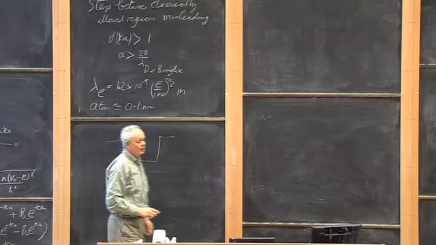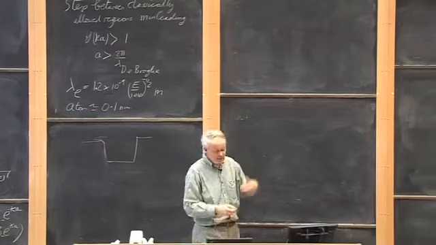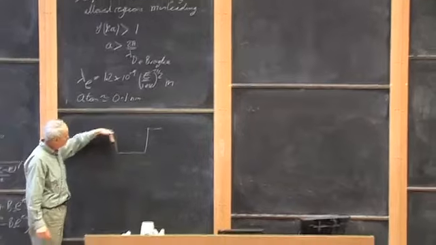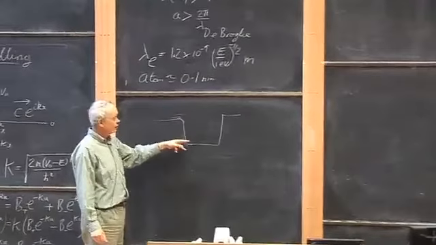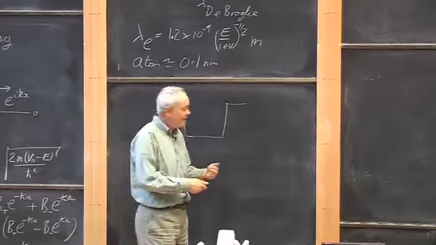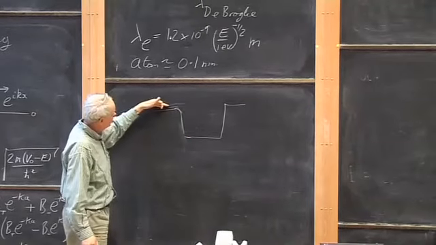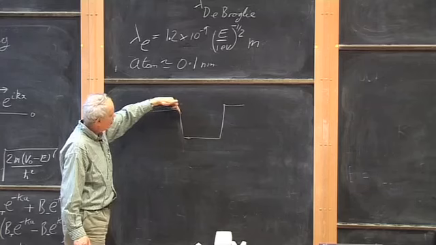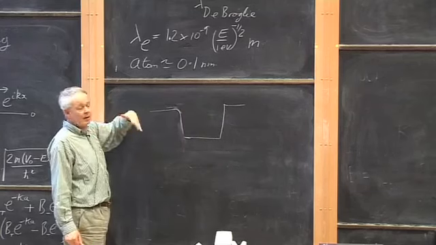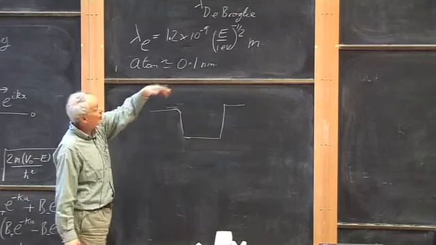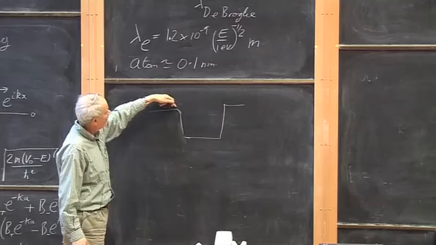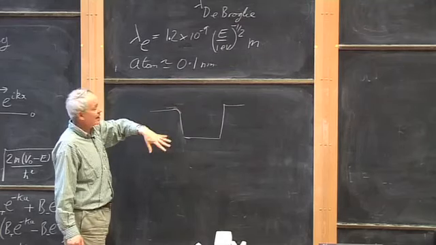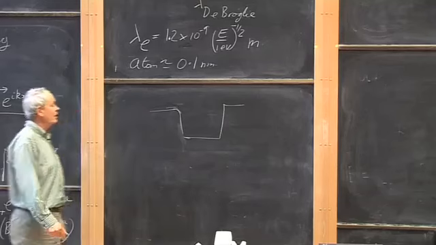So what actually happens when you have a slow, gradual change in the potential is that as the electron or the particle comes along to this region of lower potential energy, we would say it speeds up. The numerics will show you that the wavelength of the wave is getting shorter, so the momentum is getting larger, because p is h bar k.